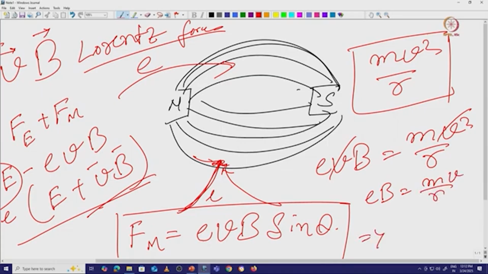From this we can say r equals mv by EB, which depends on the mass of the electron, the velocity of the electron, the charge of the electron and the magnetic field. Okay, so let us first take a look at what the electromagnetic lens looks like.